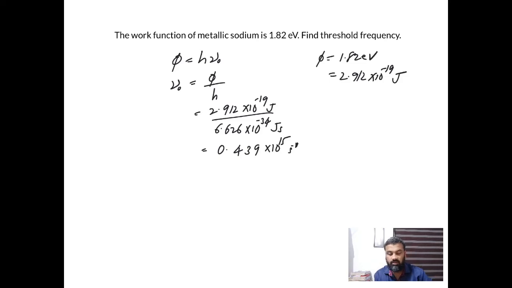So this is the threshold frequency required to eject an electron from the sodium metal. Okay, so like this we can easily calculate the threshold frequency and the threshold energy. If the threshold energy is given and the radiation wavelength is given, you can find out the kinetic energy of the ejected electron. Okay, thank you.